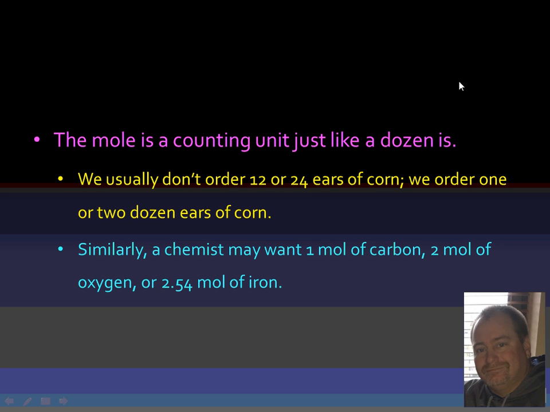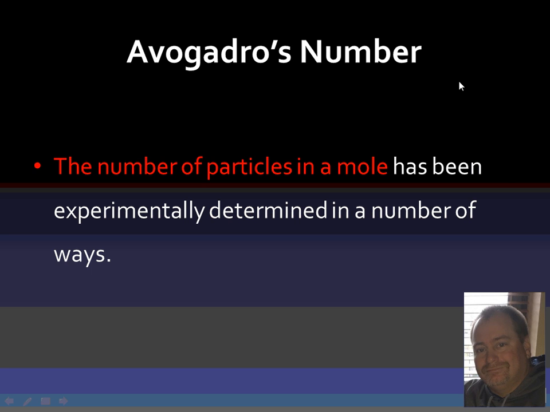Now, just like the dozen represents a certain amount of donuts, the mole is going to represent a certain amount of iron, a certain amount of carbon. And what is that amount?